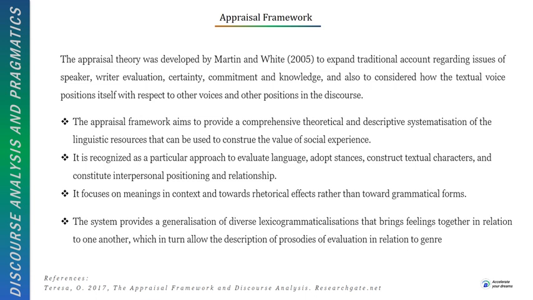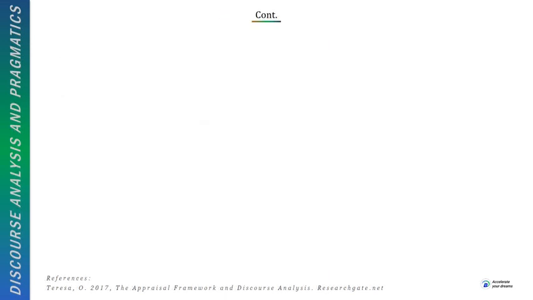Now, the system provides a generalization of diverse lexical and grammatical realizations that bring meanings together in relation to one another, which in turn allows the description of procedures of evaluation in relation to genre. Now, before we proceed, let's quickly look at three key functions of evaluation in language.